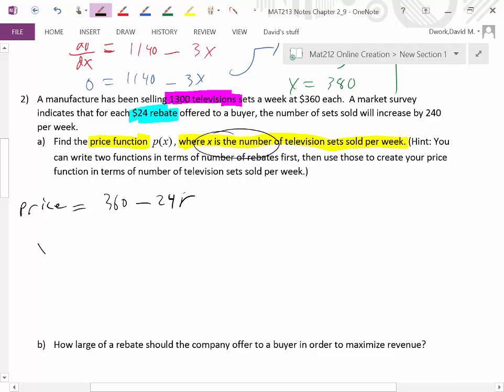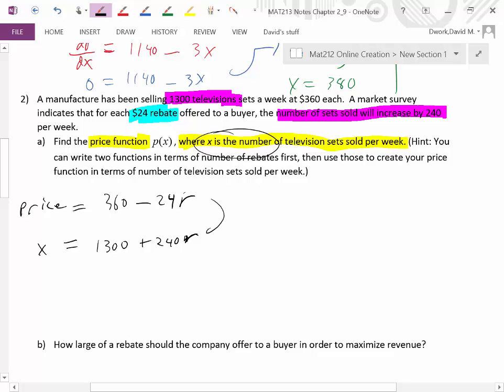Well, that's X. So X is equal to 1,300 TVs, but that's changing because for each rebate we offer, the number of sets you sell increases by 240. So this is plus 240 TVs times the number of rebates.